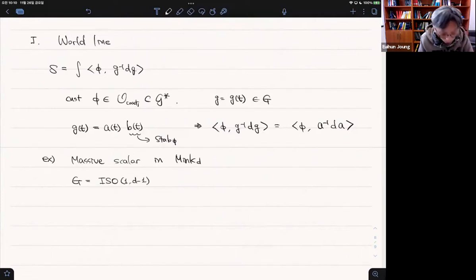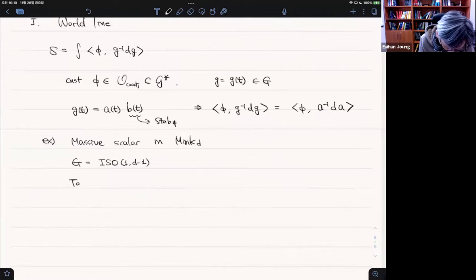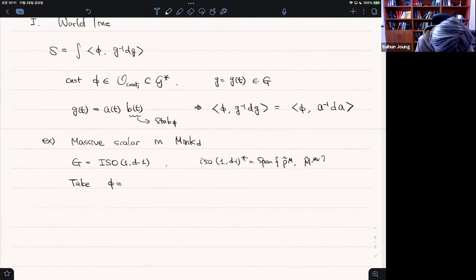So we take this Poincare, and then we take phi in ISO(1,t minus 1) star, which will be spanned by the dual boosts, dual translations and dual Lorentz generators. And then we take a specific phi, just m phi 0.